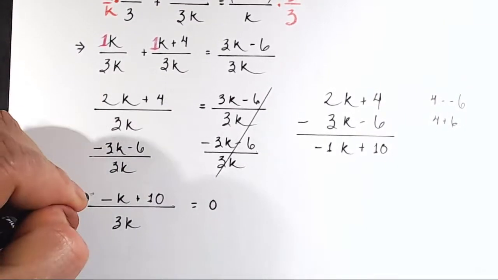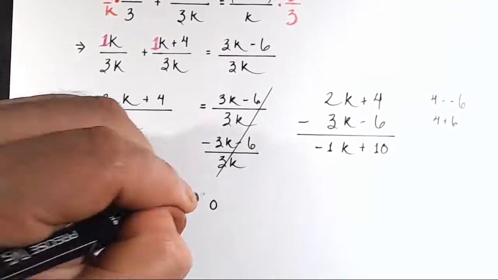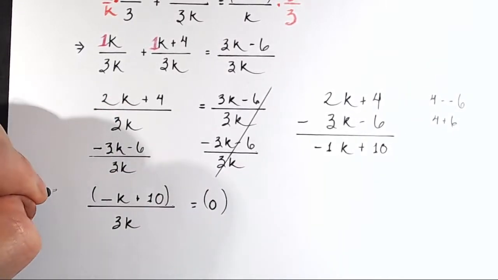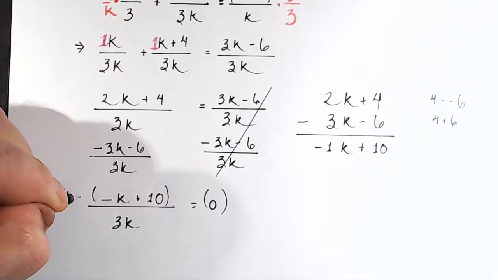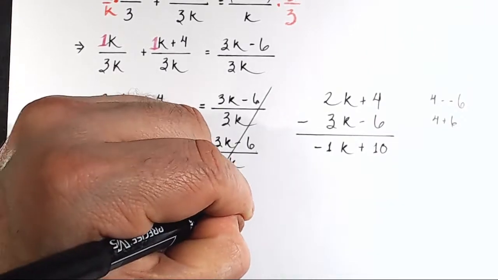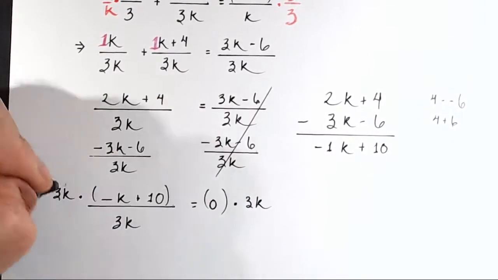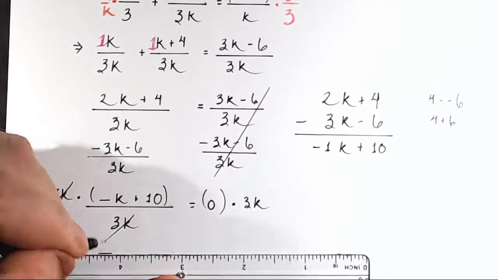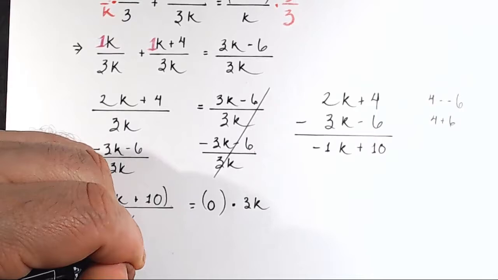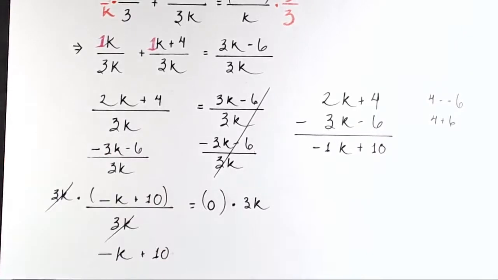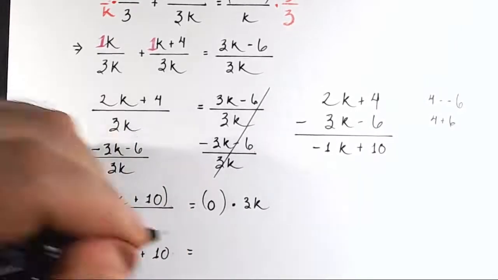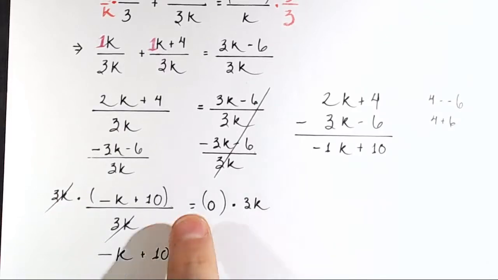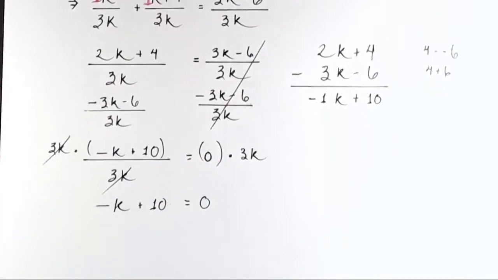Well, we just multiply both sides by 3k. On the left, the 3k's cancel, and we have negative k plus 10 equals 0. 0 times 3k is 0.